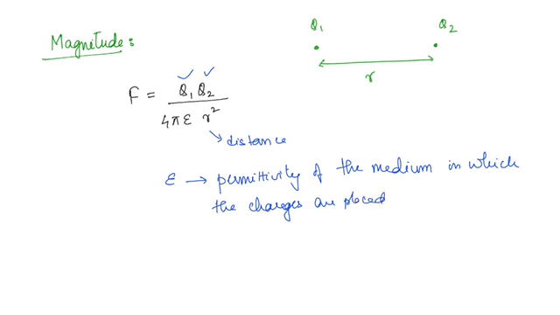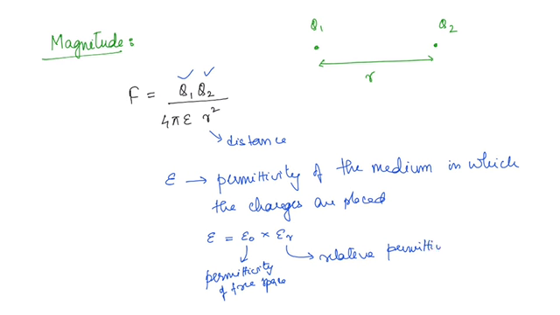This is usually given by epsilon is equal to epsilon naught into epsilon R, where epsilon naught is the permittivity of free space and epsilon R is the relative permittivity of that medium. For air, the relative permittivity is 1.